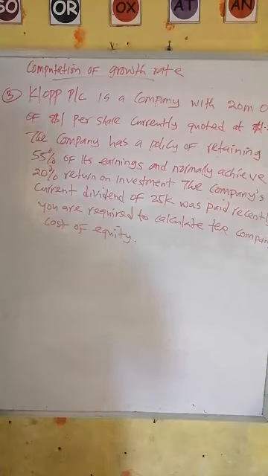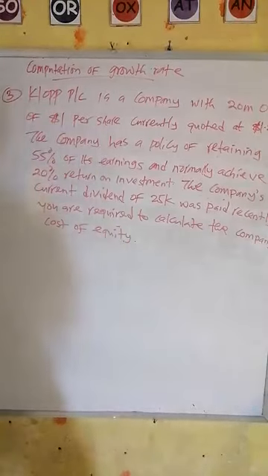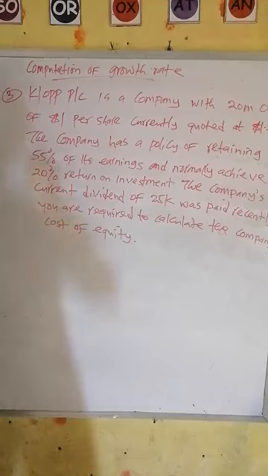Now, this is a two-in-one question where you are going to simplify. The number one question is we are going to determine our growth rate. At the same time, we are going to compute our cost of equity. Let's analyze the question.